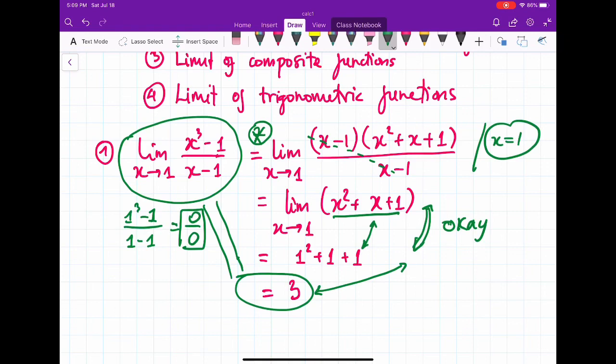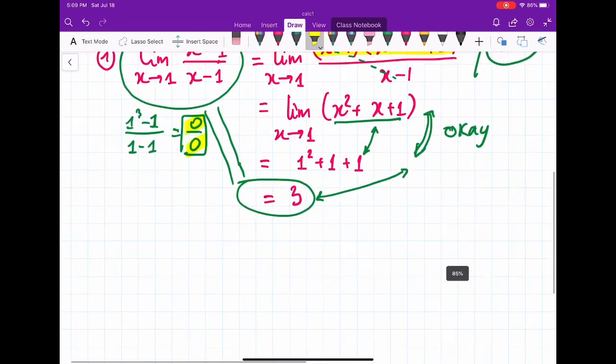We need to factor the top, which is x cubed minus 1 equal to (x minus 1)(x squared plus x plus 1). Because if you have 0 over 0, that means 1 is a common zero. We already discussed that. Okay, so what can we see in this?